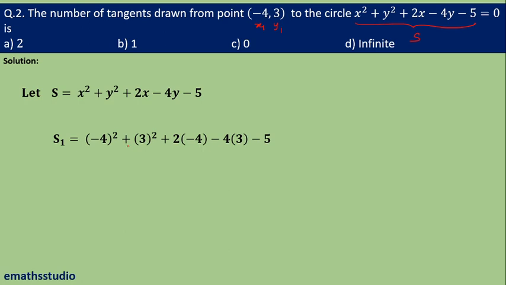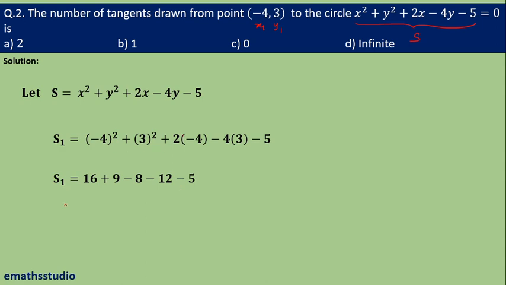So it is very simple. It becomes minus 4 square plus 3 square plus 2 into minus 4 minus 4 into 3 minus 5. Further, this can be simplified as minus 4 square is 16, 3 square is 9, 2 into minus 4 is minus 8, 4 3s are 12 and minus 5.